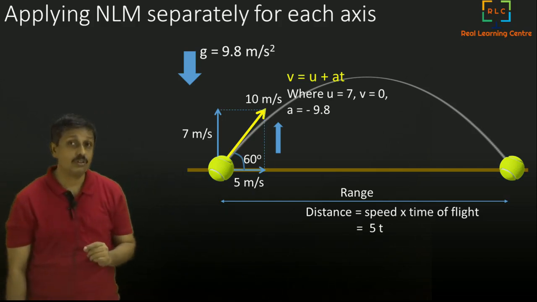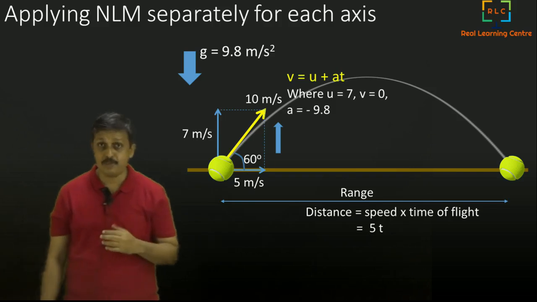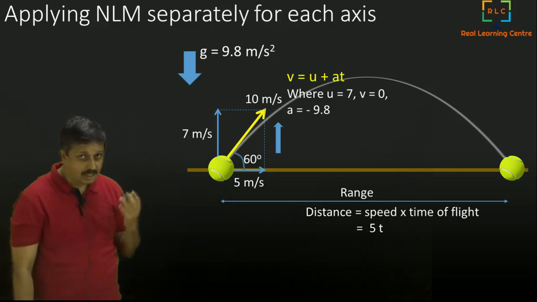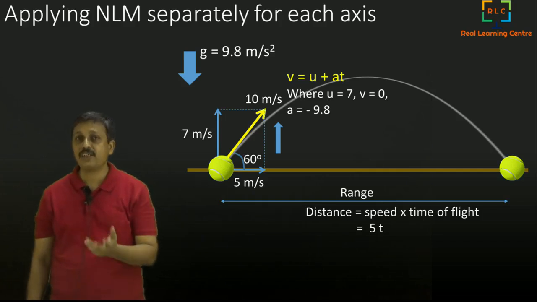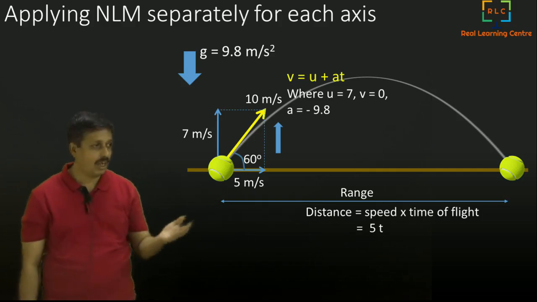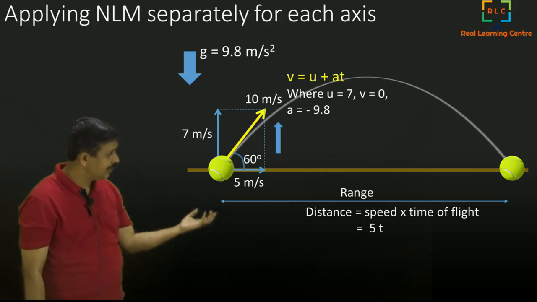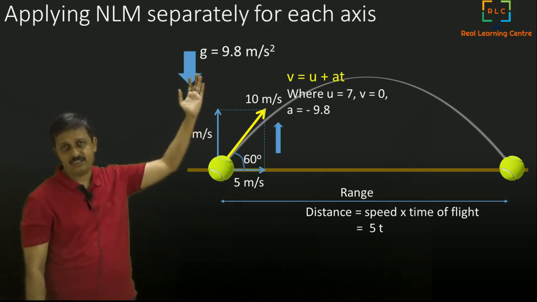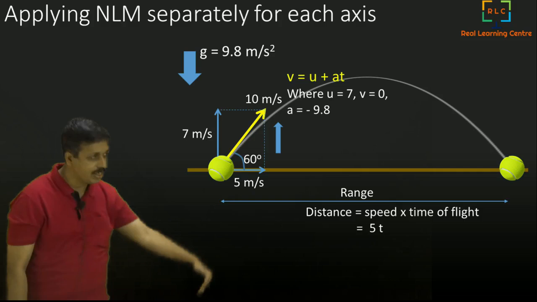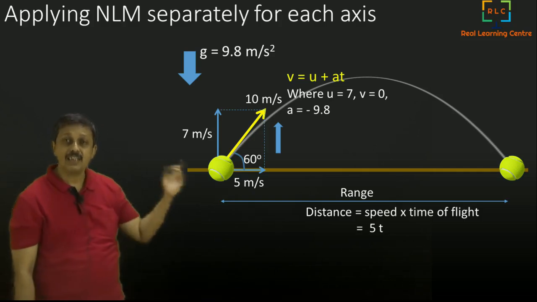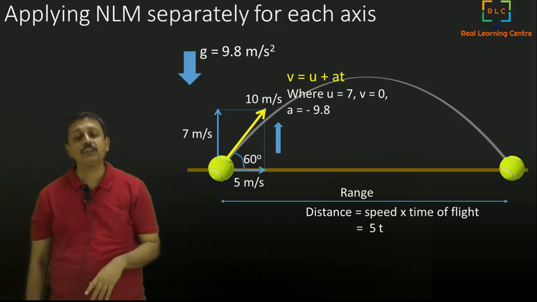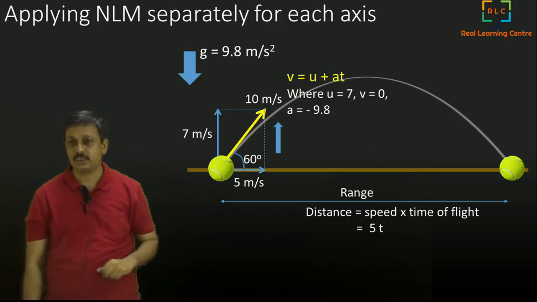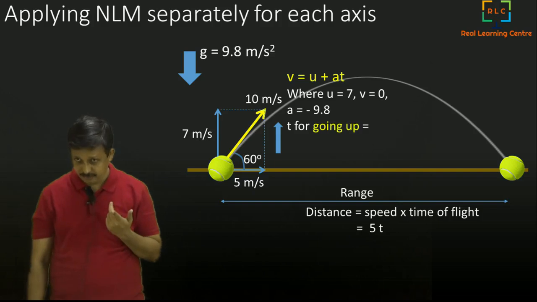Why is that so? As we have discussed about negative acceleration, if the velocity and acceleration are in opposite directions, we can take one of them to be negative. I have taken velocity in the going up direction and acceleration in the coming down direction, hence acceleration is taken as negative, minus 9.8. Now I will substitute.